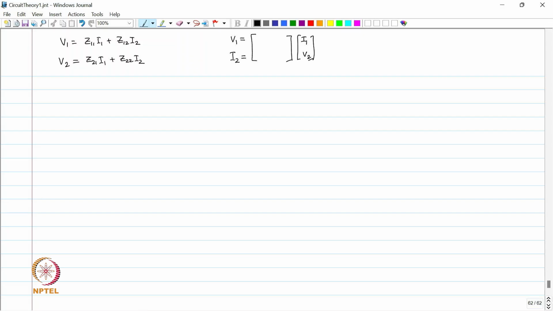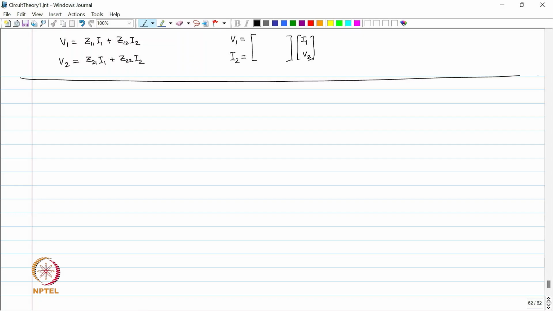So, given any set of 2 port parameters, you can always do rearrangement, you can always do substitution to figure out all other sets of 2 port parameters. So, any one set of 2 port parameters is sufficient, you should be able to compute all others. Fine, done, great.